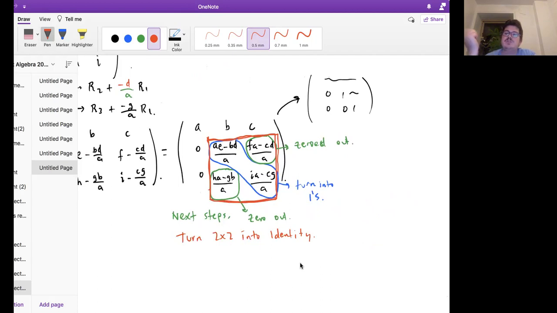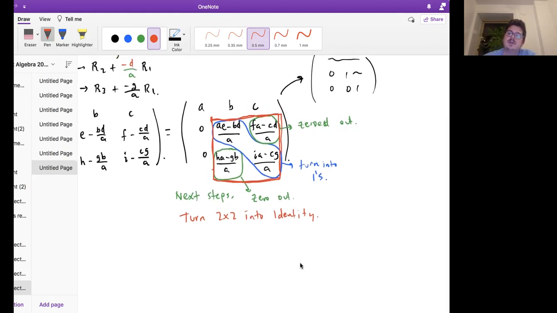So what happens if you can't do that? What happens if you can't turn the 2 by 2 into identity? No inverse, yeah. What would it look like? Let's try, if you try row reduction, and if you can't put it into identity, what does it look like, a 2 by 2?